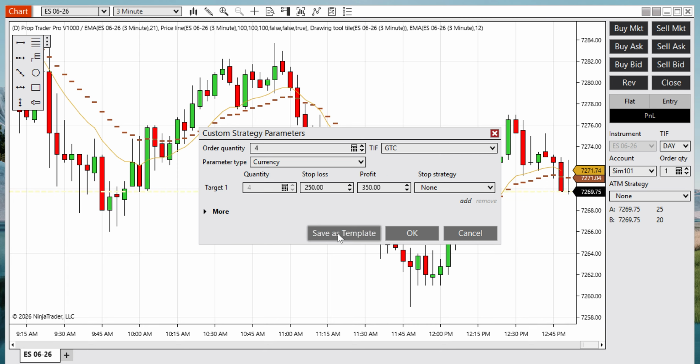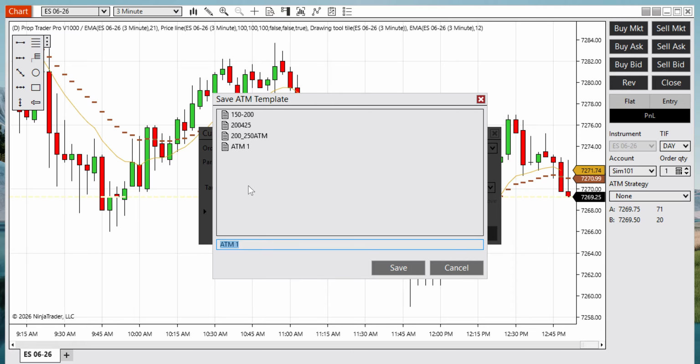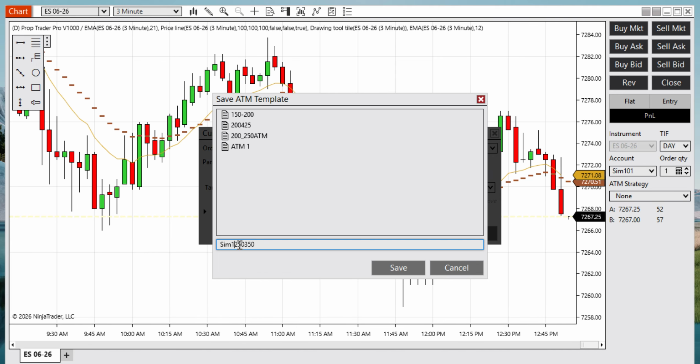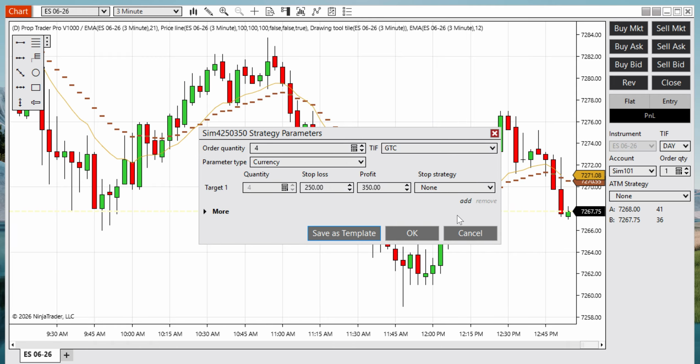I'll save this template as Sim 4, 250 350, so that I remember what it is about. I have 4 contracts, right?